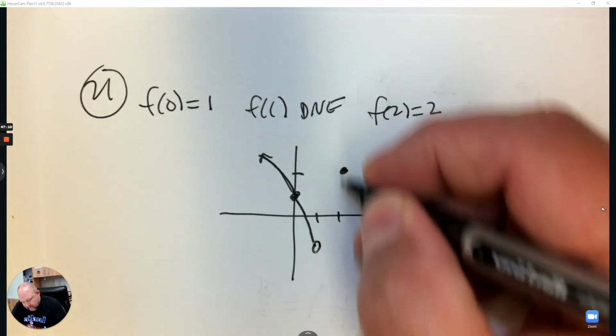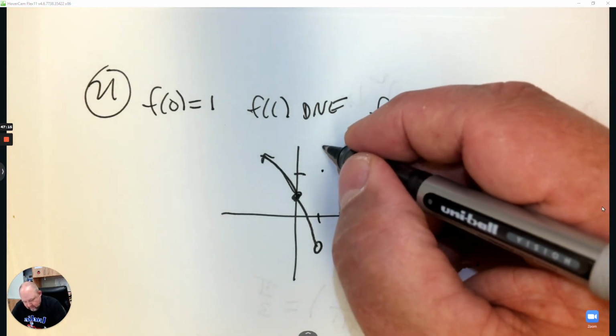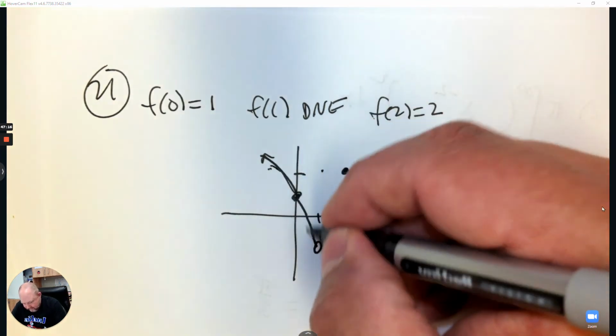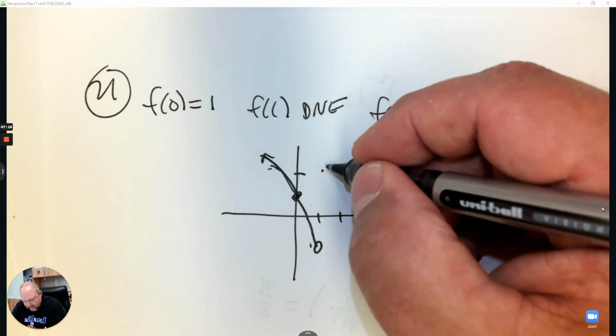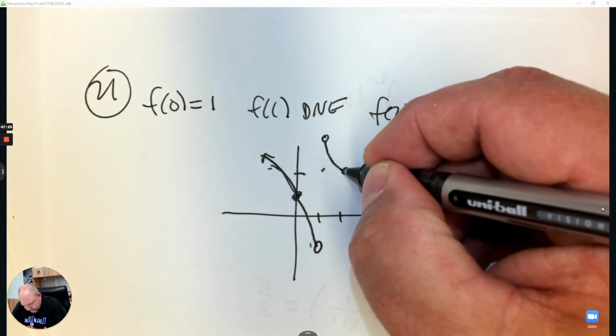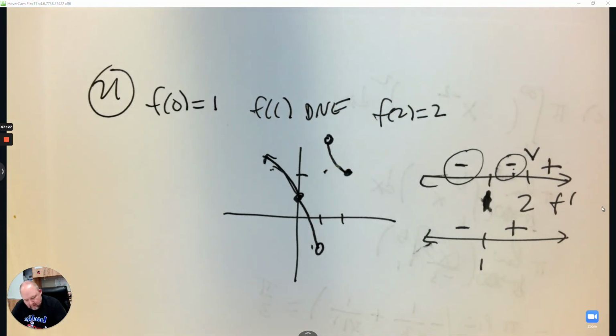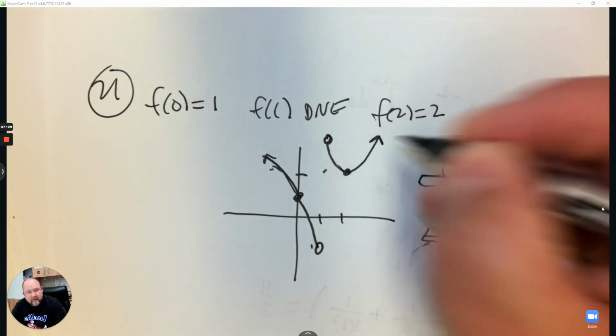And then it doesn't exist. It continues to decrease. This is concave down, but it's now concave up. And it continues to be concave up, and it keeps going.